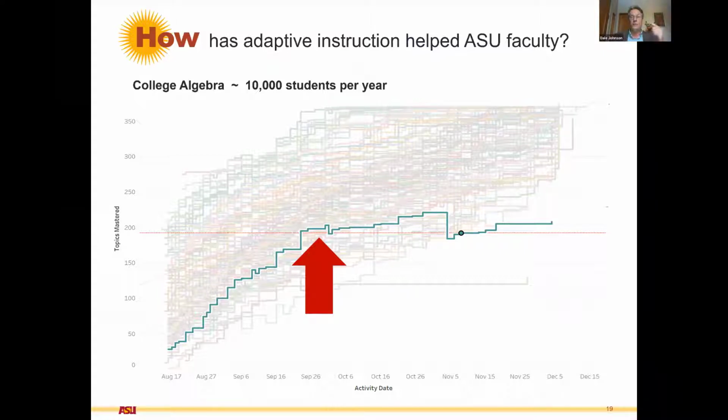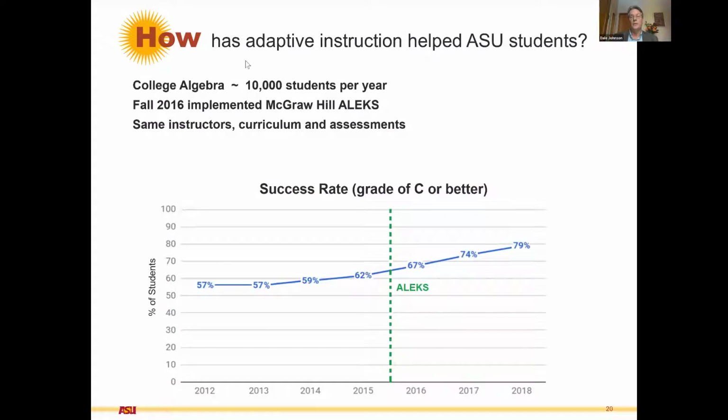That's the goal of all of this technology, you know, build that infrastructure so that we can get the results. And this is an example of our results. In 2016, we implemented Alex, and you can see we had been stuck in around 60% success rate for our students. That's a grade of C or better for almost a decade. And when we began this new mass personalization process, our results started to go up, and we're up 17 percentage points.